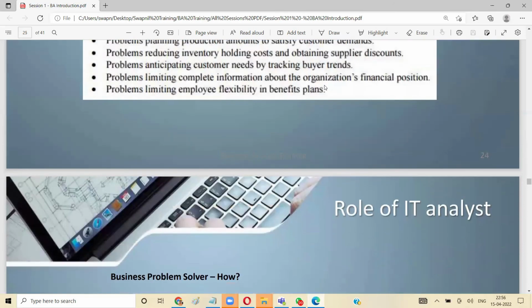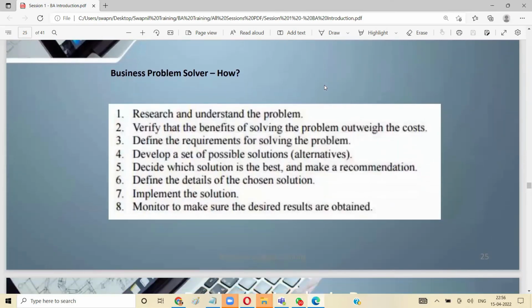So before you start solving this problem, there are 8 steps that you have to keep in mind. The first step is research about the problem. Why? The first example was related to a restaurant, the second example was related to a manufacturer, and the third could be related to something else, like healthcare.